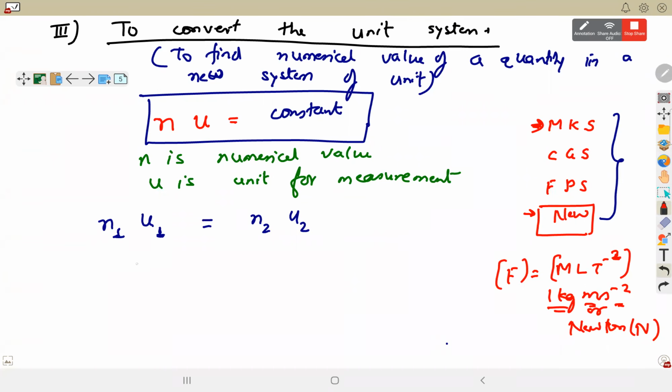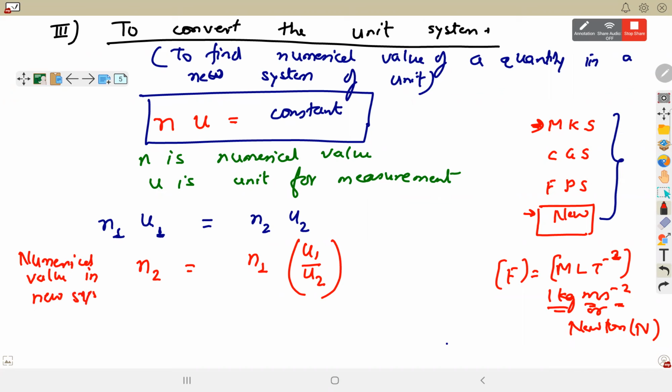So अगर हमें नए system में numerical value निकालनी है, n2 will be n1 u1 divided by u2. Numerical value in the new system of unit will be given in the question, or you have to figure out which is the new and which is the old system. Old मतलब जो given है, new मतलब जिसमें हम calculate करने वाले हैं numerical value in new system of unit.